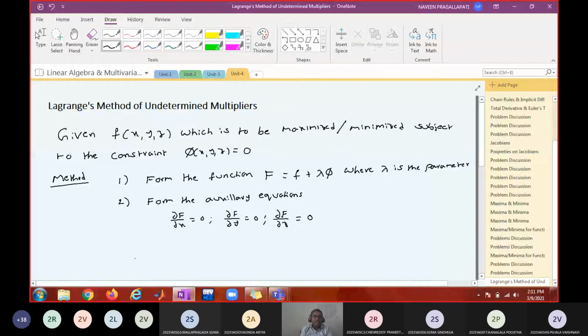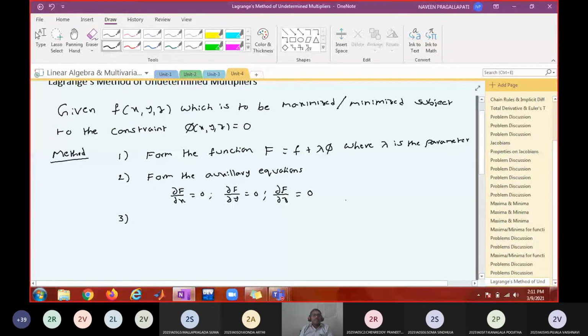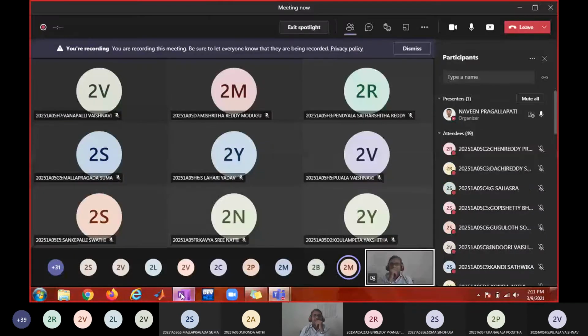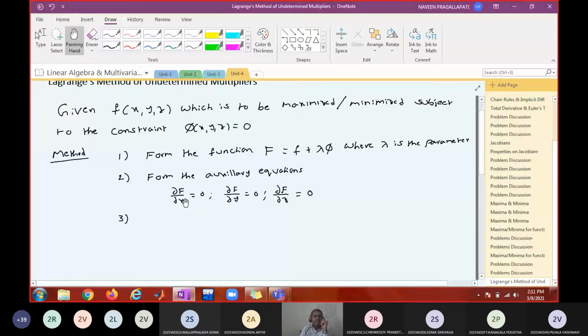Totally, how many equations you have? Please tell me. Is it 3? 1, 2, 3. What about this? There are 4, right?